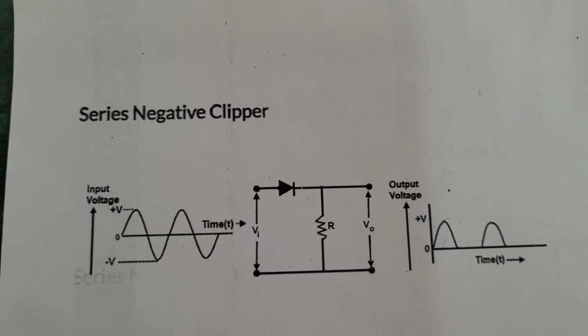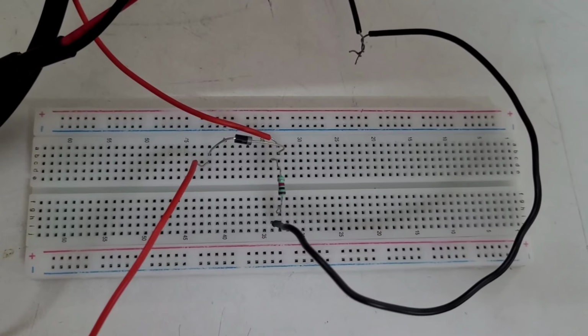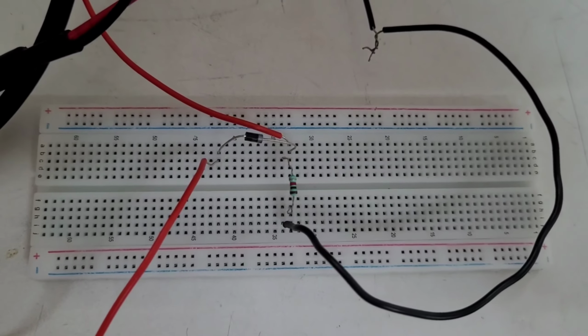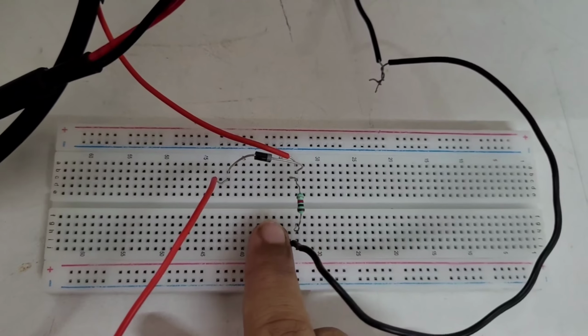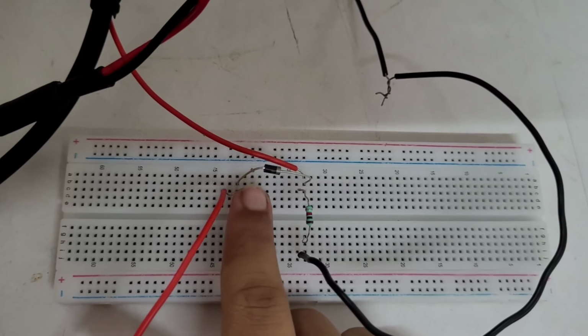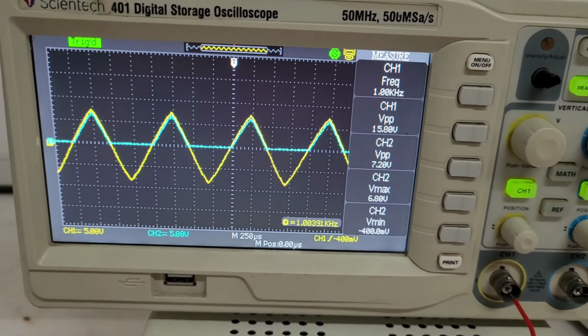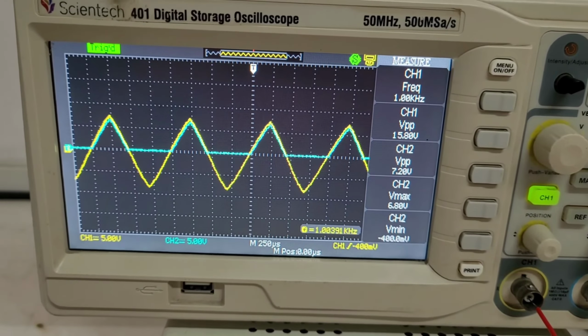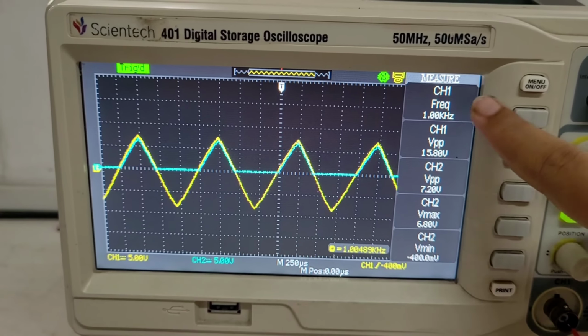Now we will see the waveforms and circuit practically. Circuit connections are like this. We have taken a 1K resistor and the diode kept in forward bias. If we see the output waveforms, the output Vmax is 6.8.